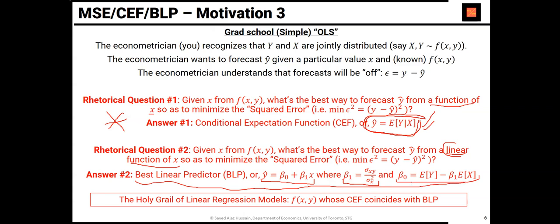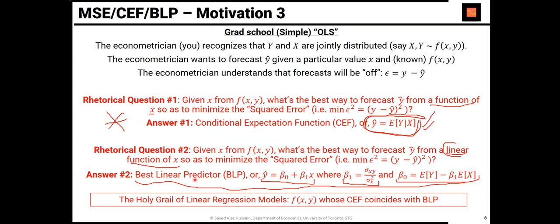And of course, in applied econometrics, graduate school, your fantasy, the holy grail, is to work with x and y's where it turns out that the conditional expectation function, which is what you should be using, in fact turns out to be a linear function. So the two things are coincidental, right?